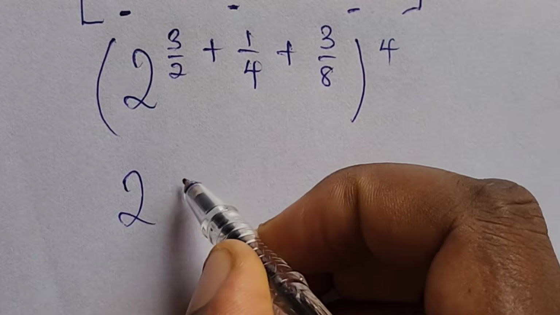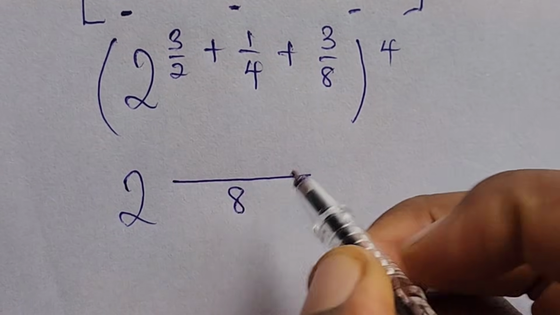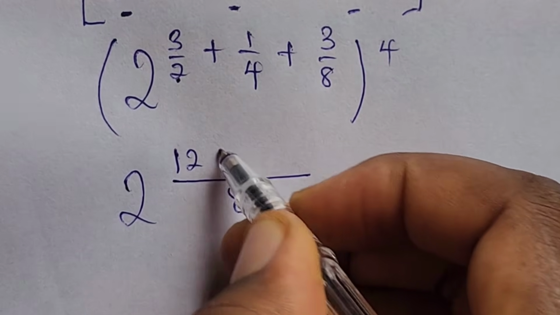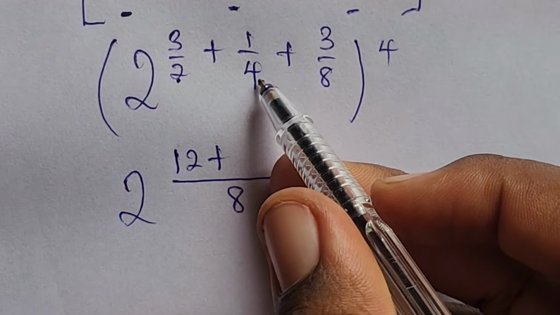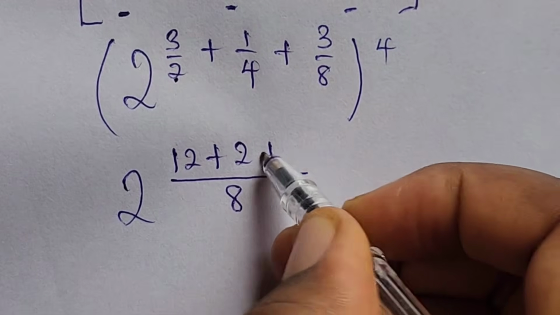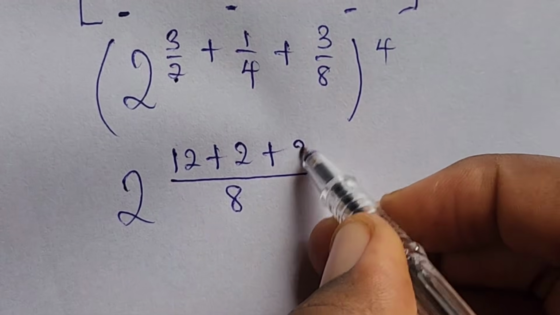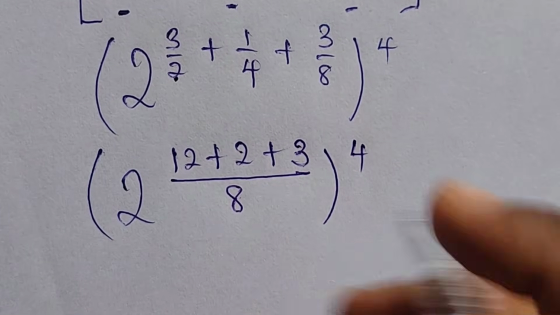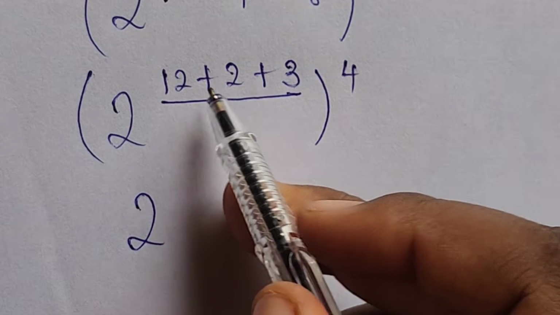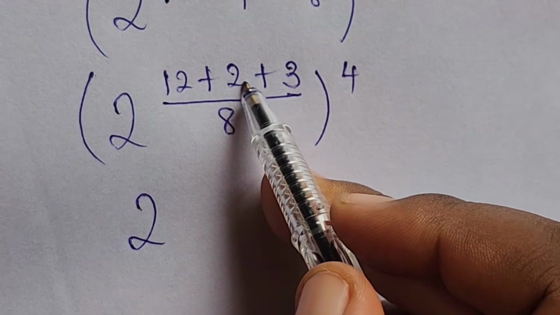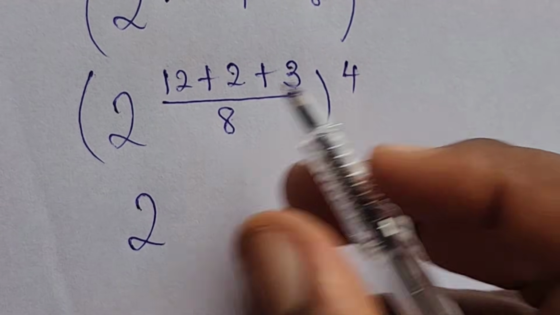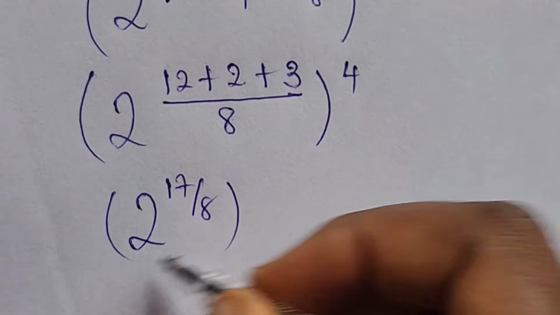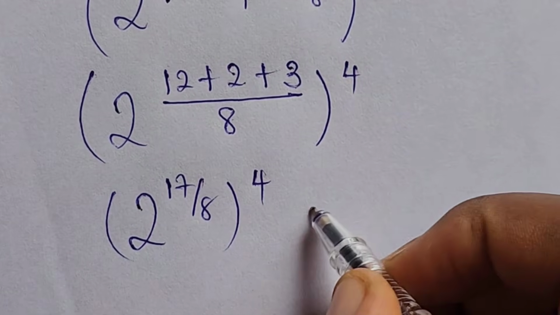We have 2 to the power of, our LCM is 8. 8 divided by 2, we have 4 times 3, which is 12. 8 divided by 4, we have 2. 8 divided by 8, we have 1, all to the power of 4. So when we add this up, we have 12 plus 2, 14 plus 3, we have 17 over 8, further raised to the power of 4.